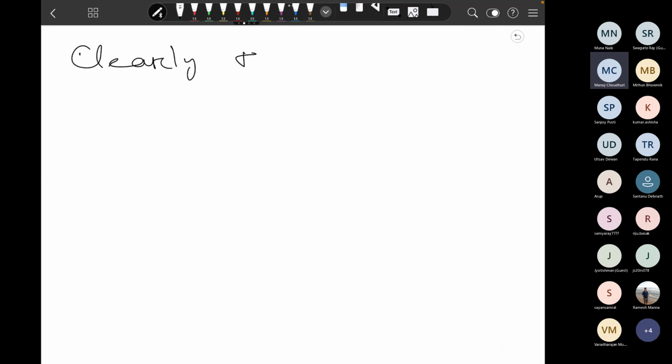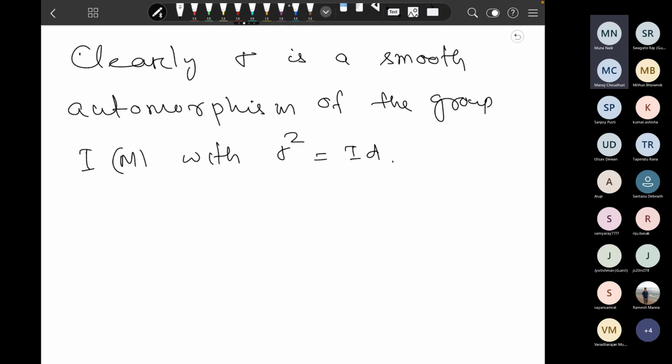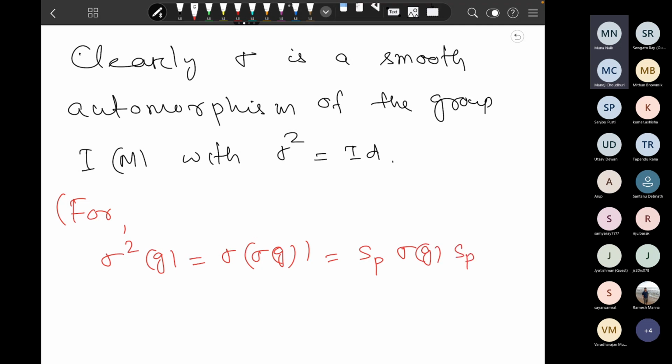Clearly, sigma is a smooth automorphism of the group I(M) with sigma squared equal to identity. Sigma squared of g is equal to sigma of s_p g s_p, and this is s_p s_p g s_p s_p.